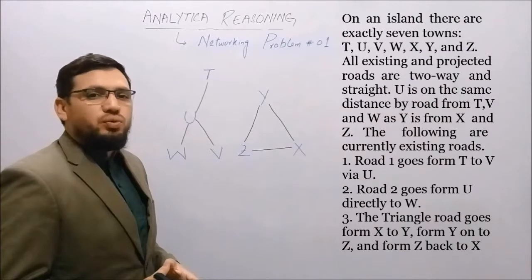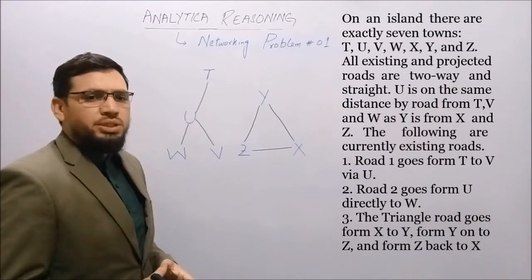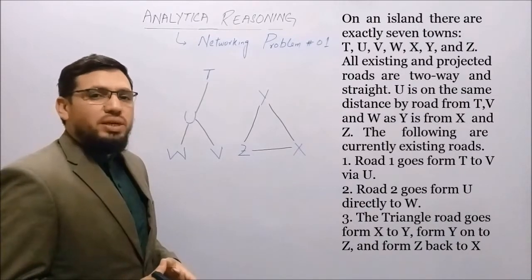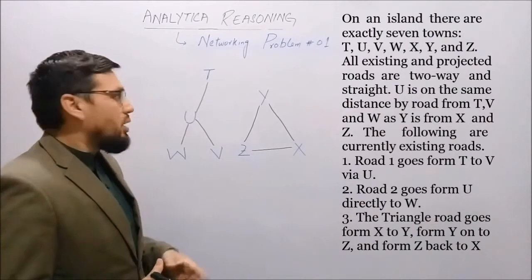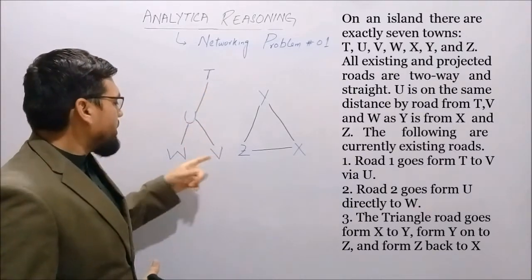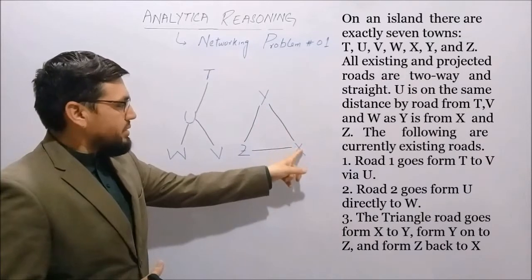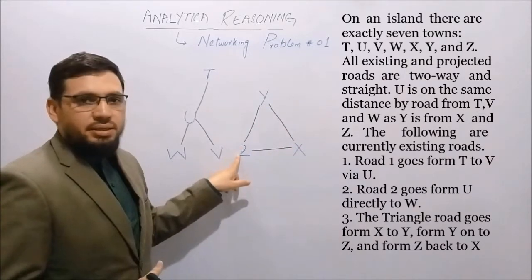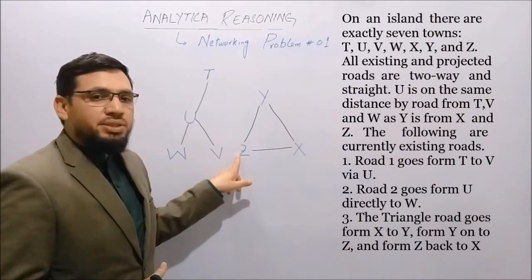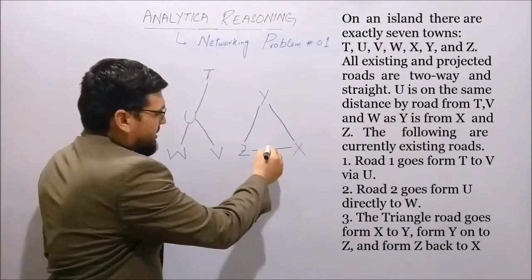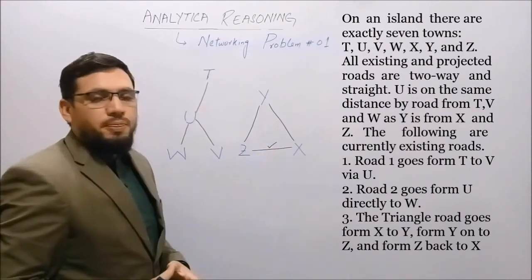But before moving toward the question, you can see in the mentioned information that all roads are straight, and U is at the same distance from T, V and W, as Y is at the same distance from X and Z. But they didn't mention the distance between Z and X, this road.